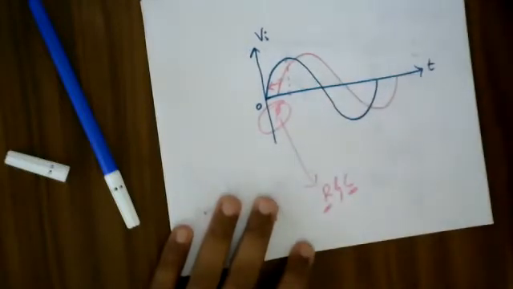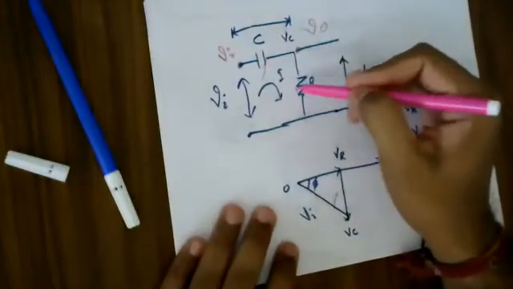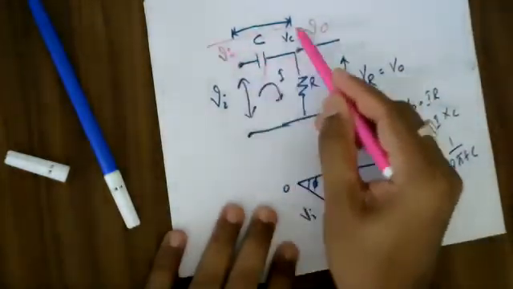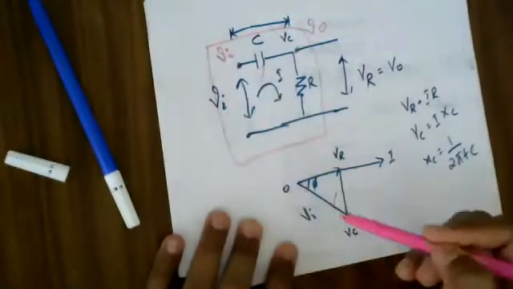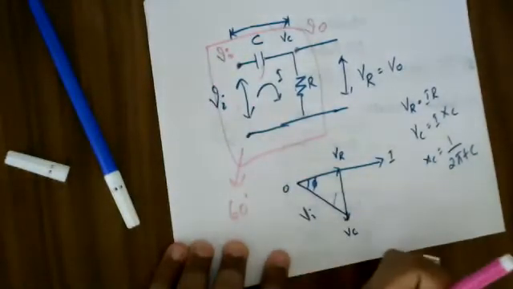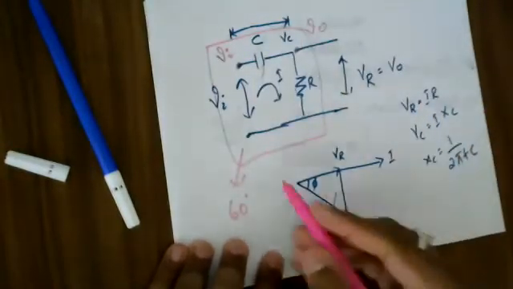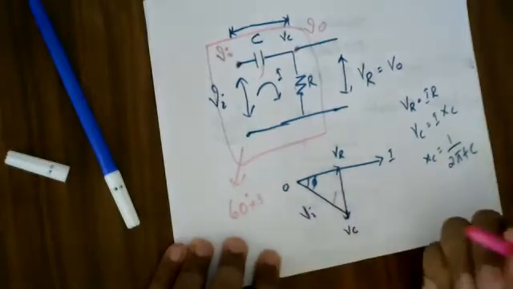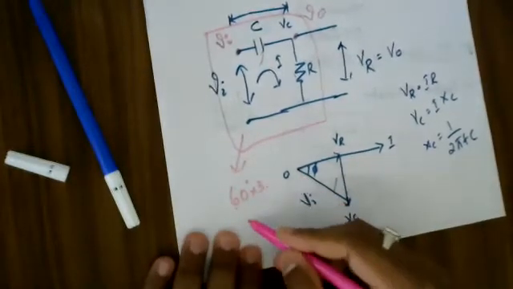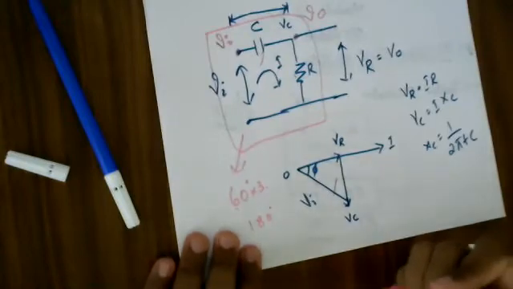So I will design this RC circuit such that one set of RC should produce a phase shift of 60 degrees. When I make a replica of this, in terms of three sets, 60 into 3 is nothing but 180 degrees.